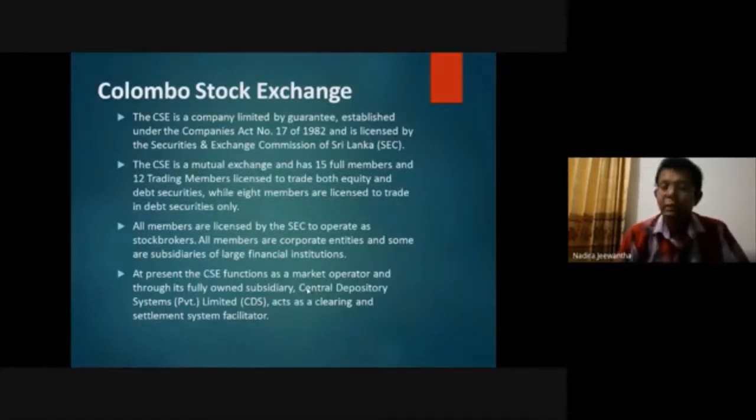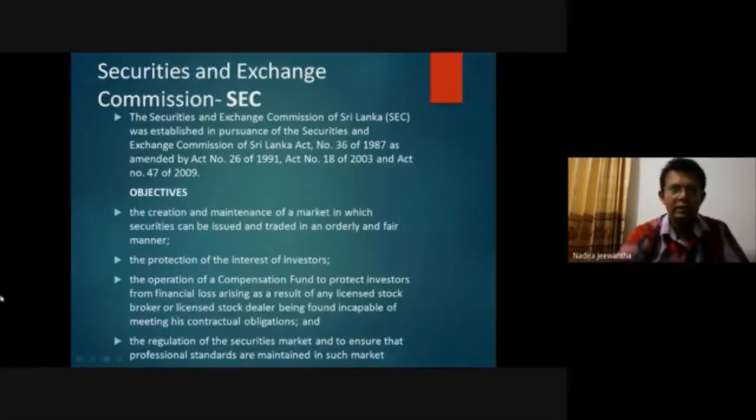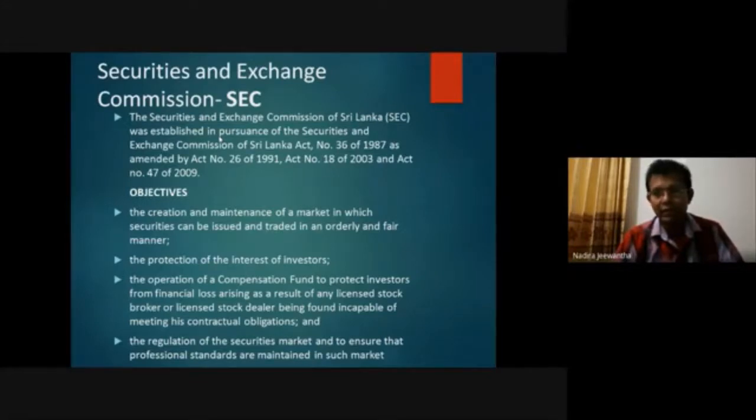Now we have a separate minister for capital market. So I think the examiner has proved that there will be more questions in coming exams as well. So that's why I thought of giving a note on this. SEC, the Securities Exchange Commission, is the regulator for capital markets, right?